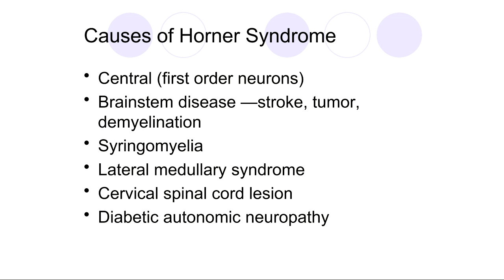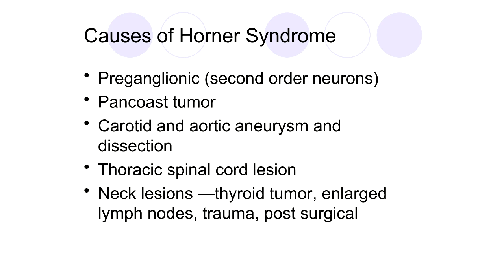All right, so what are some of the causes of Horner syndrome? For the first order neurons, you may have brainstem disease such as stroke, tumors, or demyelination. You may have a syringomyelia. You may have lateral medullary syndrome, cervical spinal cord lesion, or diabetic autonomic neuropathy. For your second order neuron, you may have a Pancoast tumor.